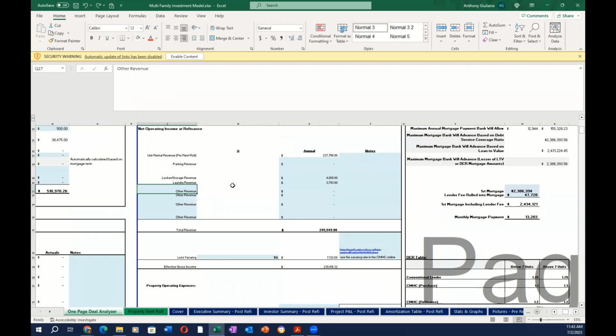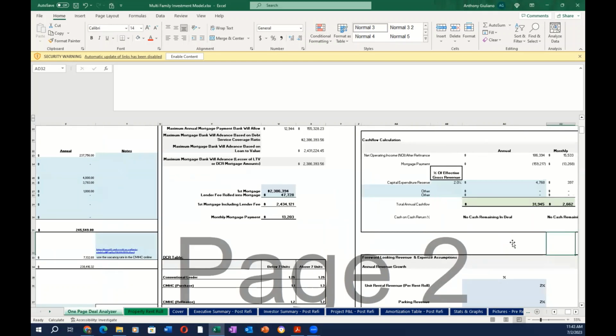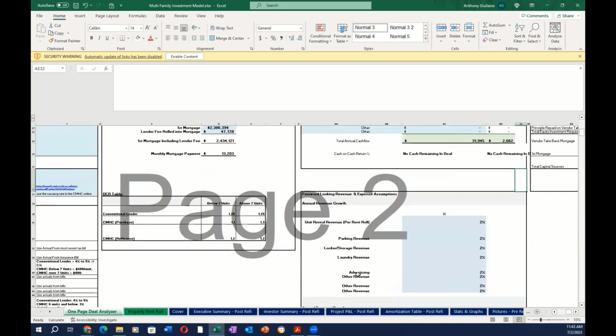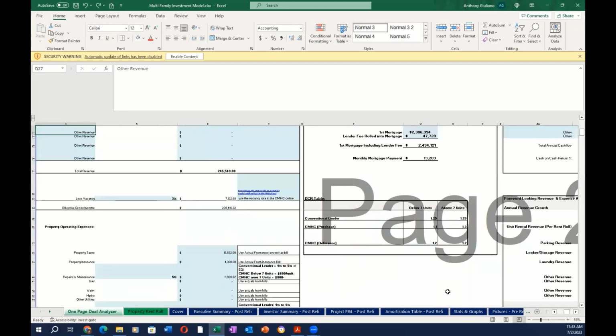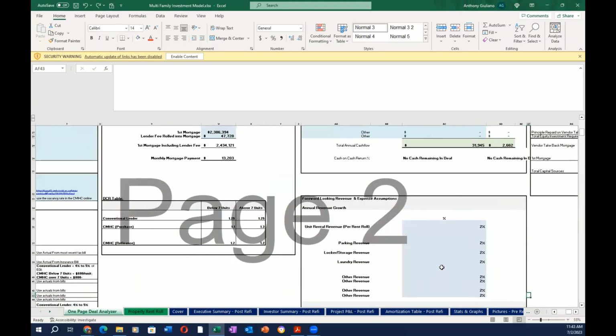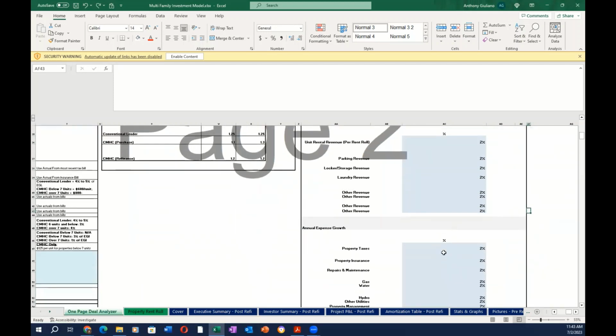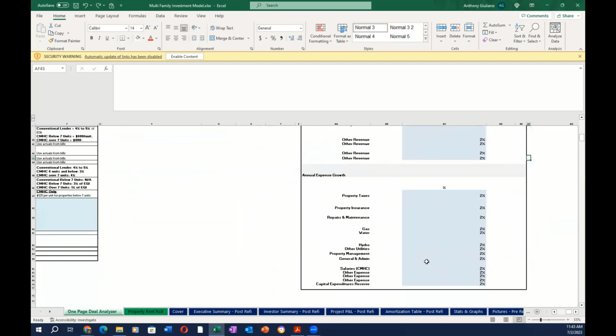Let's just say you're making some advertising revenue from a billboard on your building of like $1,000 a year. You can enter that in here, and then automatically that title will show up over here, right? Anyway, so continuing on, you can enter in the percentage growth of each one of those line items, and then also the percentage growth in each one of those expenses.